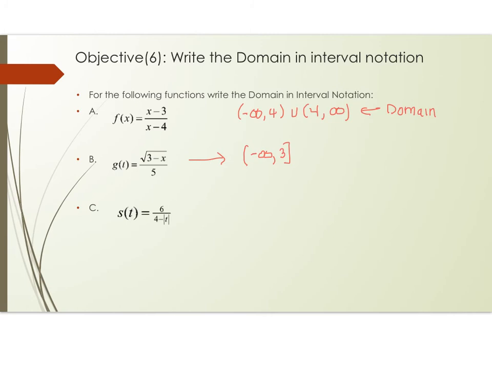Now let's take a look at problem C. Here we have an absolute value of t on the bottom. So we say, oh, gee, t can't be negative 4 or positive 4, right? So now in interval notation, this is how we will represent this. We can go from negative infinity up to -4.